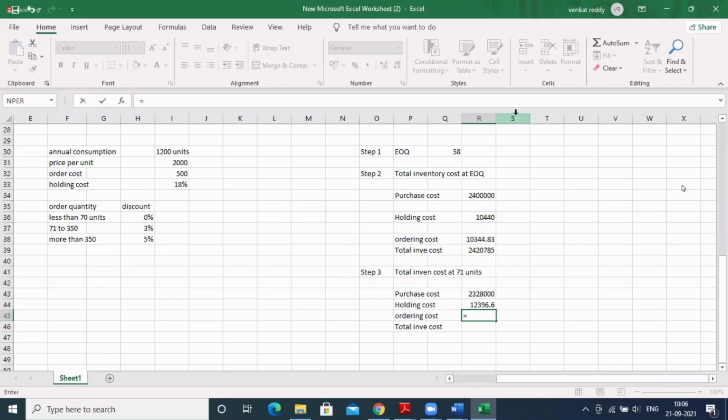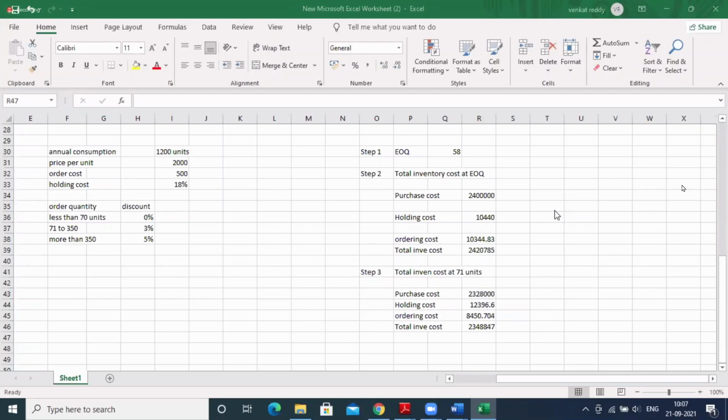What will be the ordering cost? $8,451. Oh, so we got 23 lakhs 48,847. This is the total inventory cost if you order at 71 units.